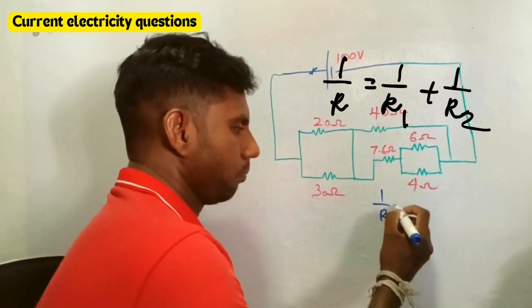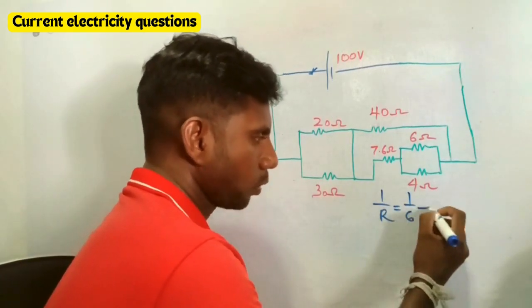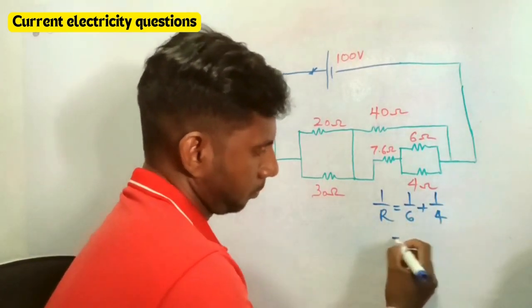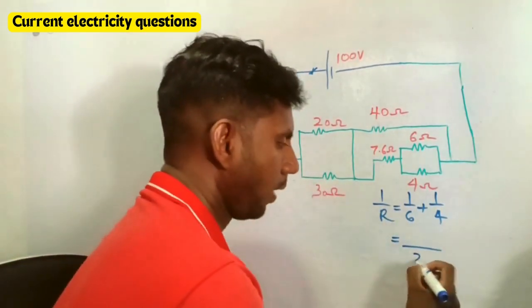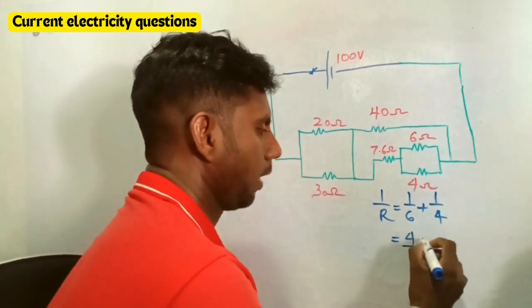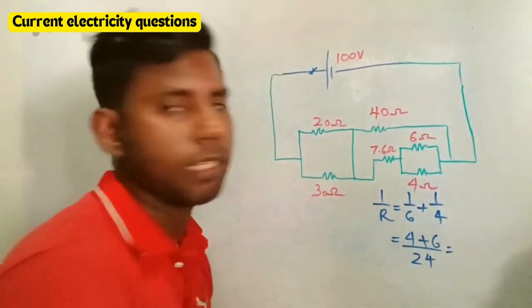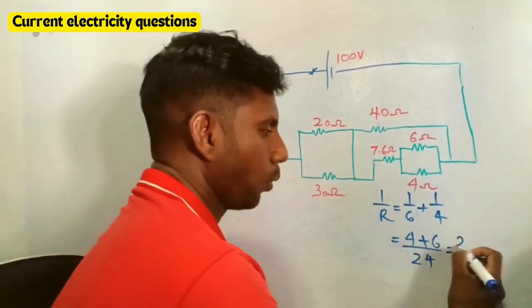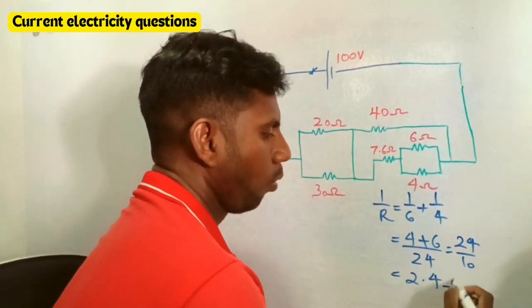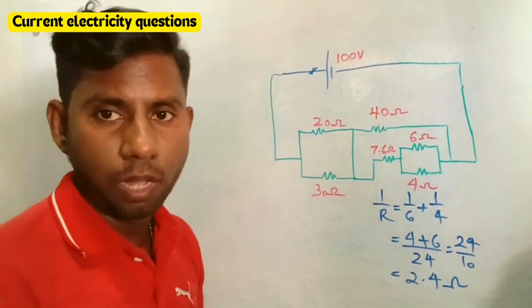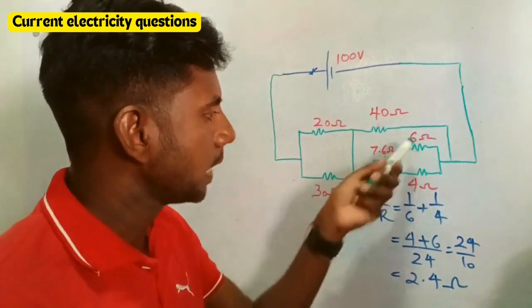So 1 over R equals 1 over 6 plus 1 over 4. Then we take the common denominator, that's 24, giving 4 plus 6. Then we take the reciprocal, so 24 over 10, that's 2.4 ohms. That is our answer once we add 6 and 4.